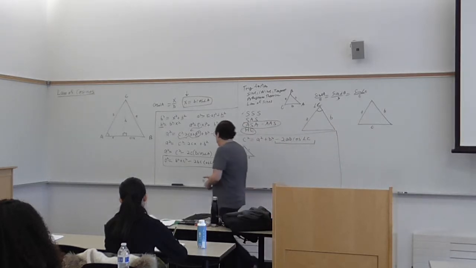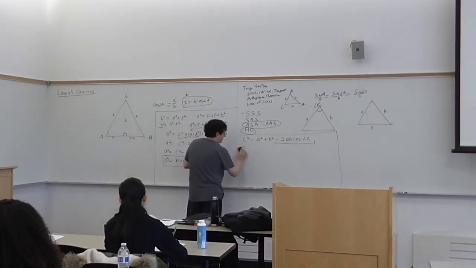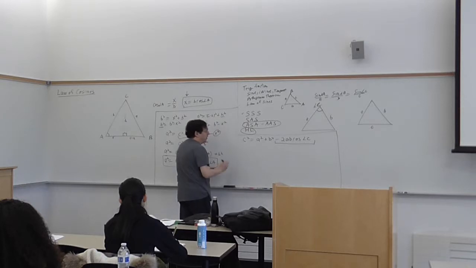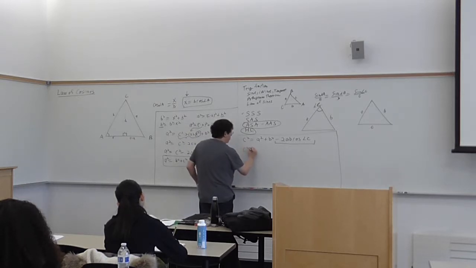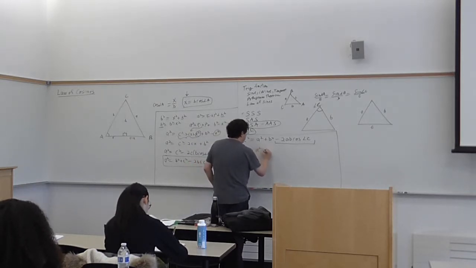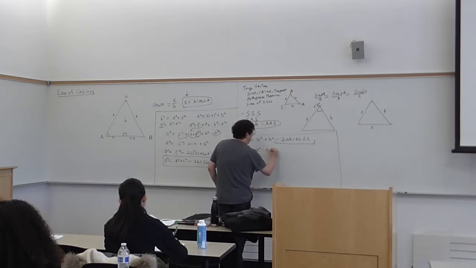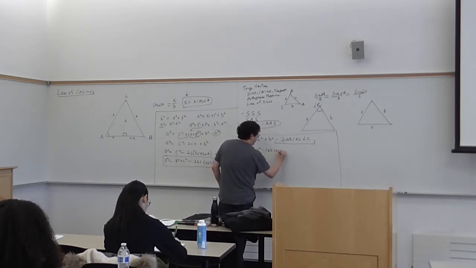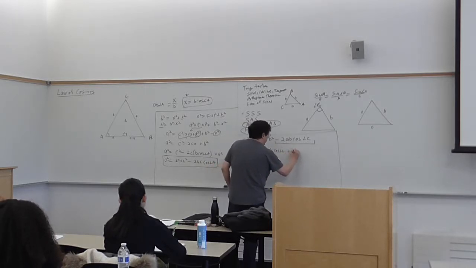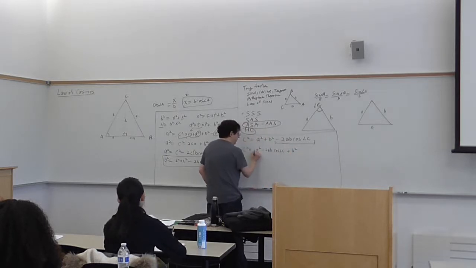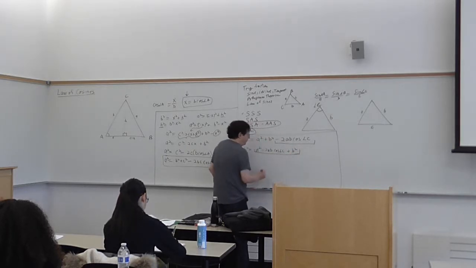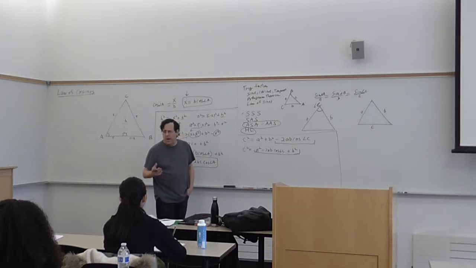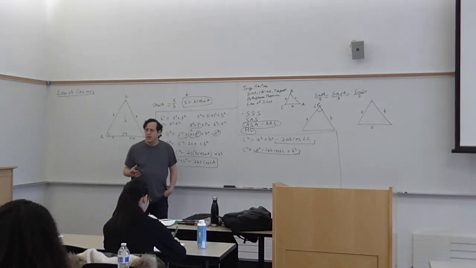Another way to look at this is if I rearrange this as c squared equals a squared minus 2ab cosine angle c plus b squared. This sort of looks like a pattern we're used to.